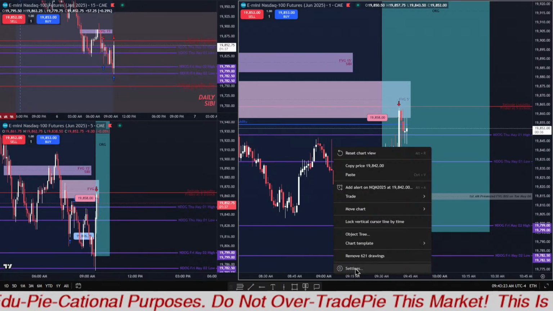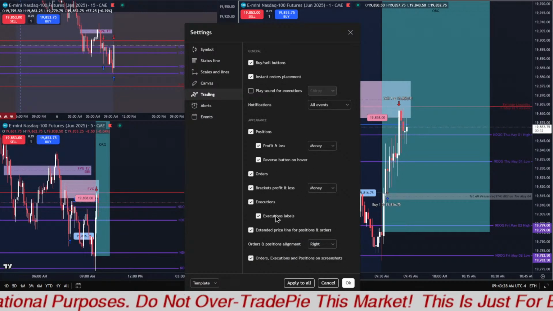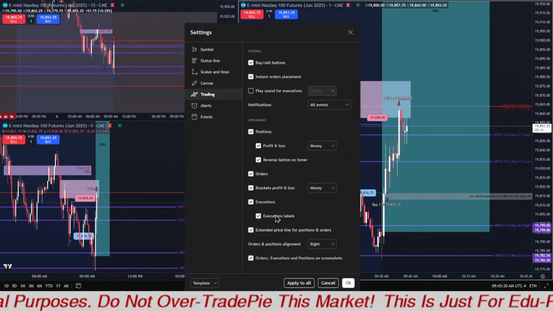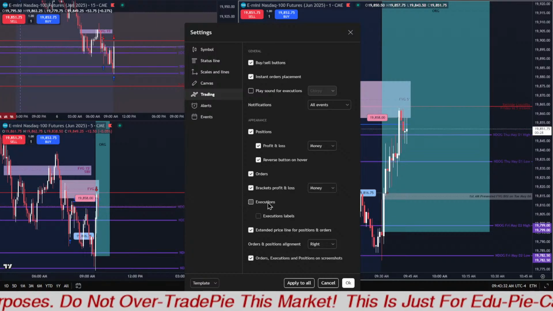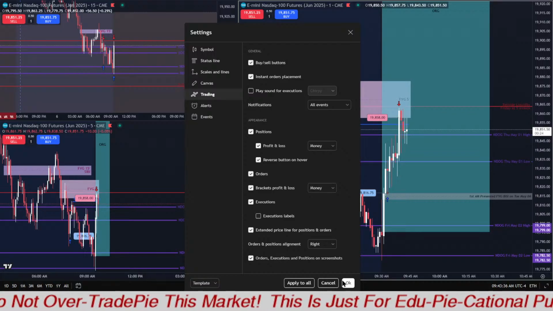Just one thing, because I want to show the executions are live. You can see the labels are getting on and off, and this is not a market replay.